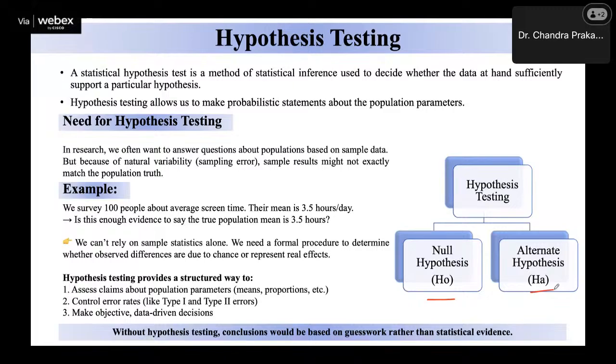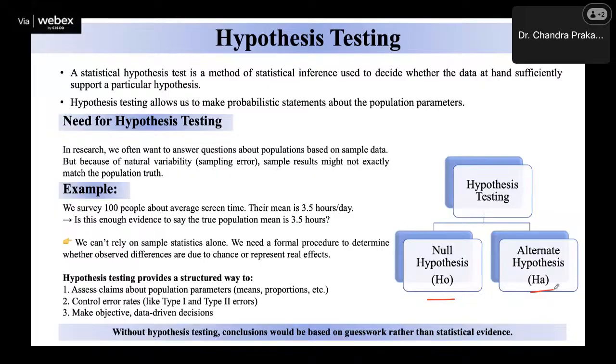Hypothesis testing allows us to make probabilistic statements about population parameters. In research, we often want to answer questions about the population based on some sample data. But because of natural variability, maybe error in the sampling, the sample result might not exactly match the population truth, right?